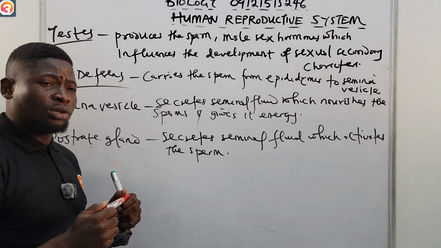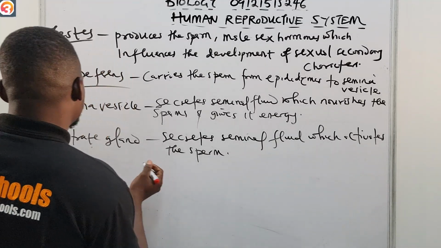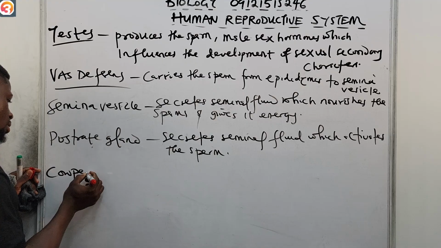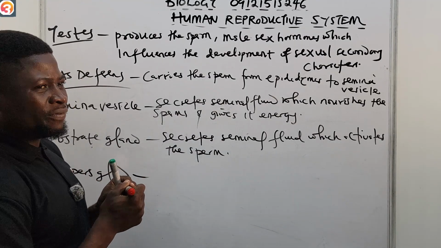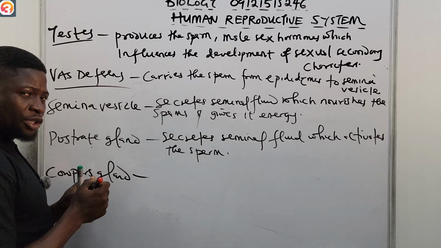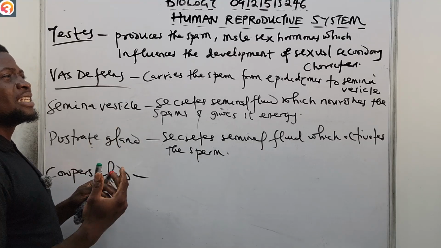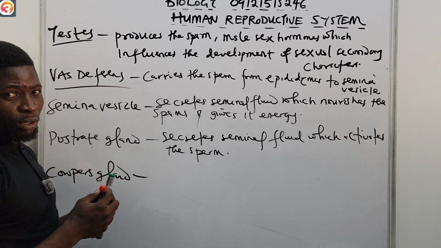Then let us also look at Cowper's gland. Okay, so this Cowper's gland is found in the male reproductive system. It sits below the prostate.